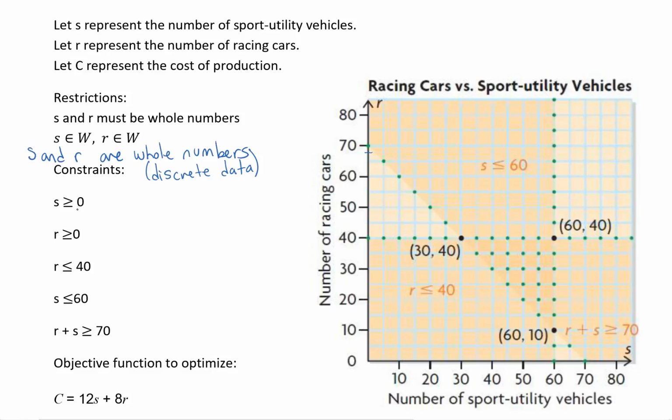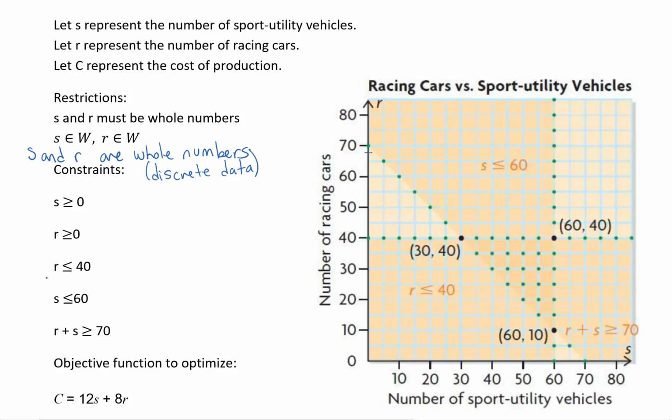S is greater than or equal to 0, which makes sense. You can only have positive values for SUVs. R is greater than or equal to 0. You can only have a positive number of racing cars. R is less than or equal to 40, so you can't have more than 40 racing cars, and S is less than or equal to 60, so you can't have more than 60 SUVs.